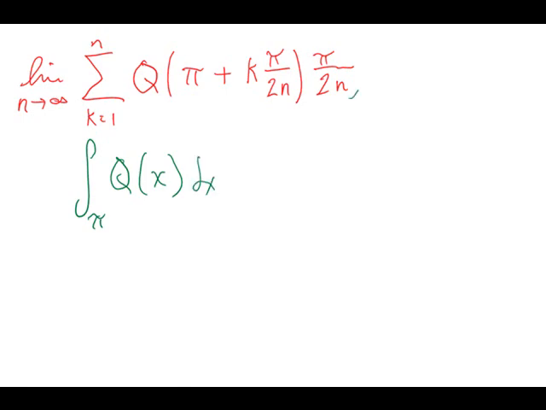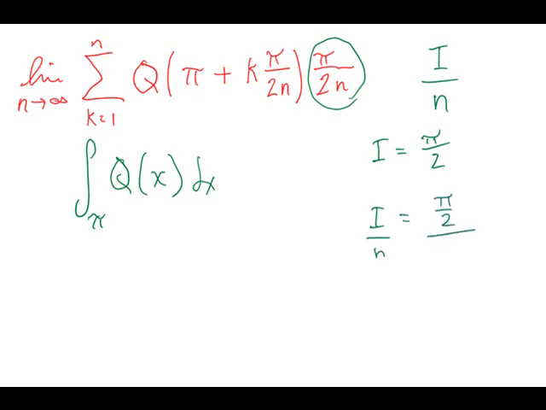This doesn't look so familiar. It doesn't look like I over n, but it actually is. So think about this. If I was equal to pi over 2, and you did I divided by n, that would be pi over 2 divided by n. And what would happen to the n? Well, whenever we simplify that fraction, it becomes pi over 2n.